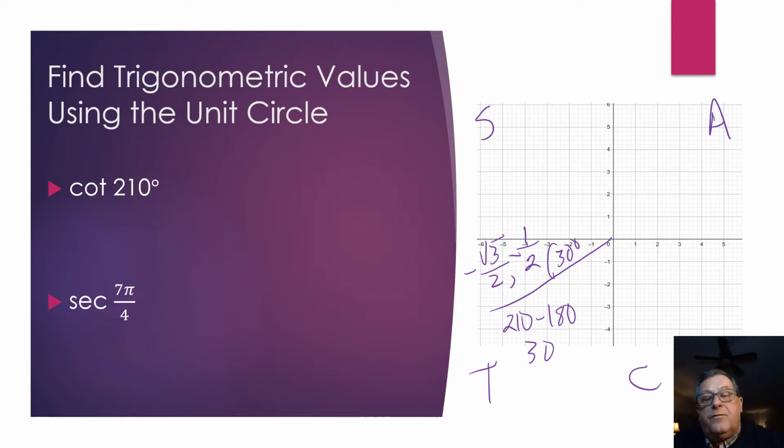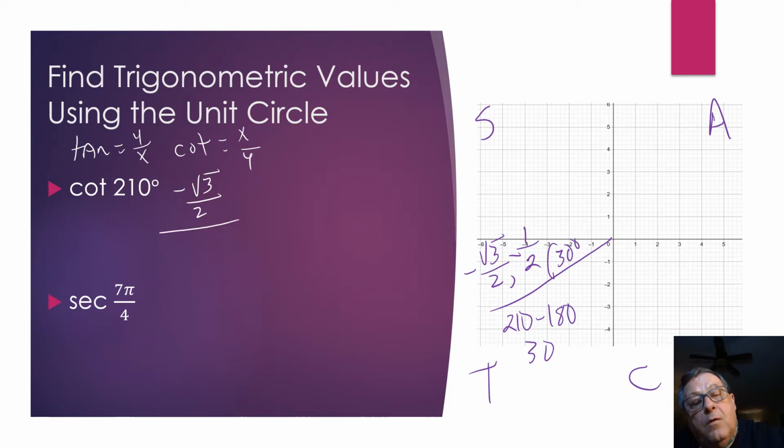So let's find the cotangent. Well, normally we would start off with, let's do it this way. If the tangent equals y over x, this means that the cotangent has got to equal x over y. So I'm looking then at negative square root of 3 over 2 over negative 1/2.